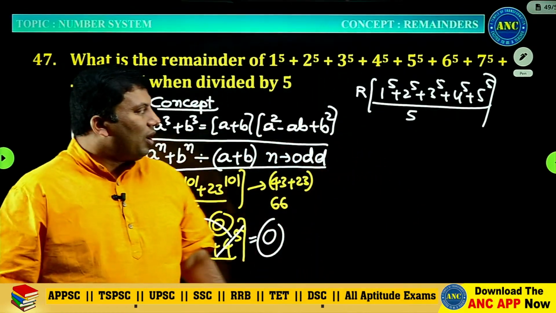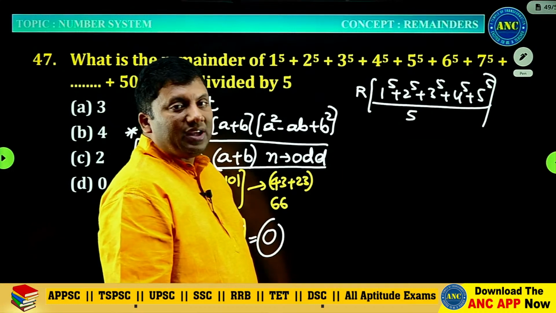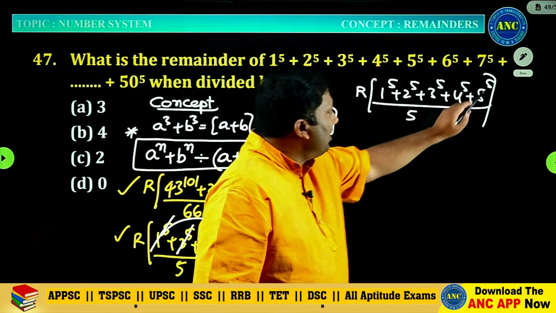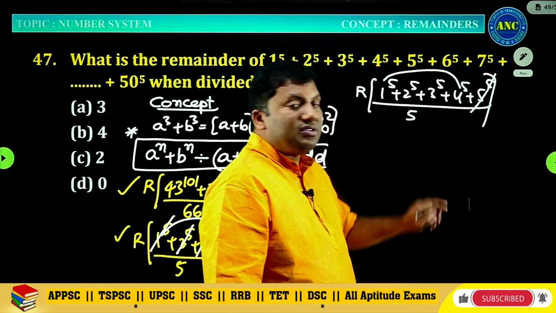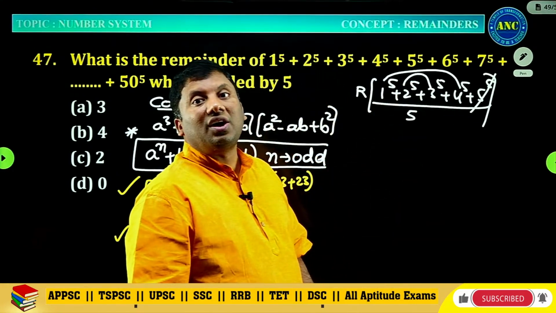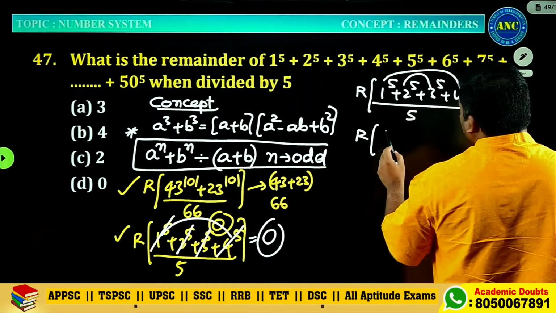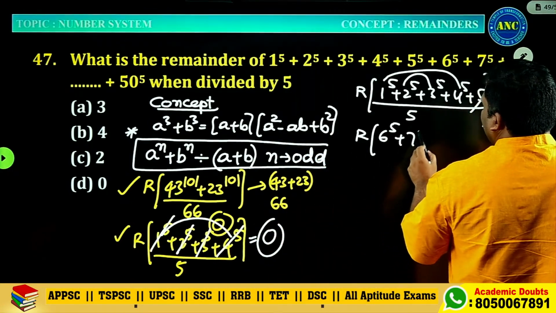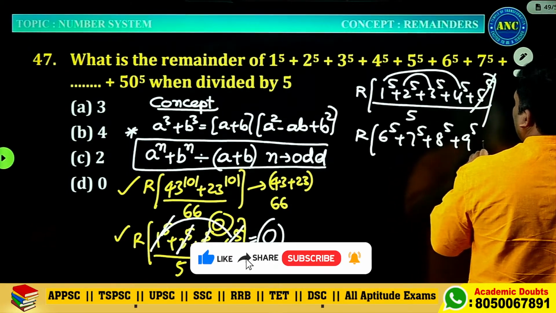Anyway, it is divisible by 5. The first and last are divisible by 5, and the second and third are divisible by 5. Now, if I take the next 5 terms, 6^5, 7^5, 8^5, 9^5, 10^5, divided by 5.